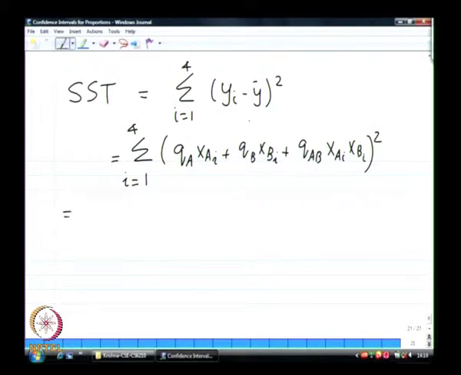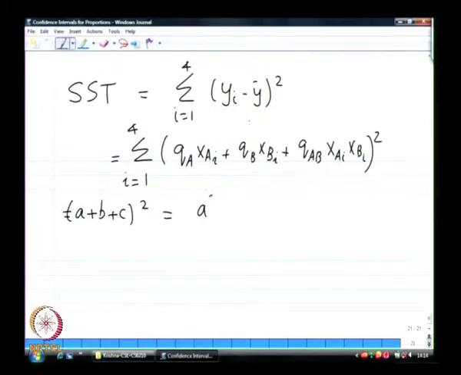So this is basically a plus b plus c whole squared. Now you remember your long, difficult formula. So this is nothing but a squared plus b squared plus c squared plus all the product terms, right, 2ab, 2bc.